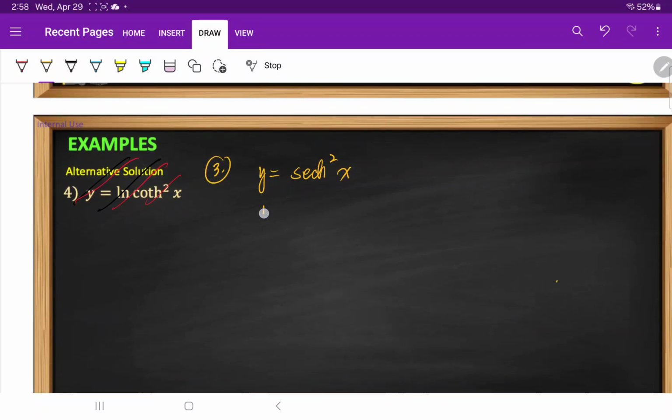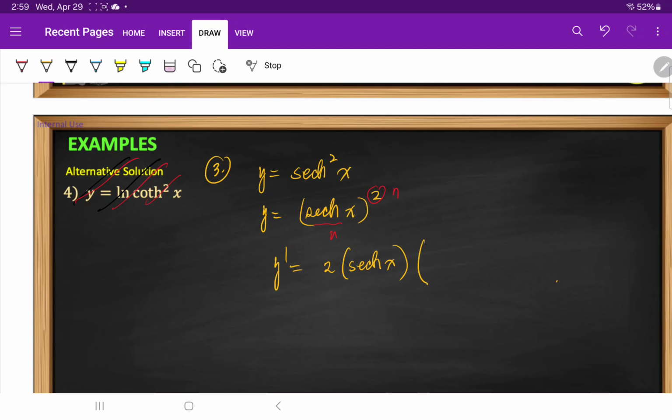We can write this as hyperbolic secant x, squared, because there is no formula for hyperbolic secant square x. So we can write the derivative using u to the n. We get y prime equals n, which is 2, hyperbolic secant x to the 2 minus 1.